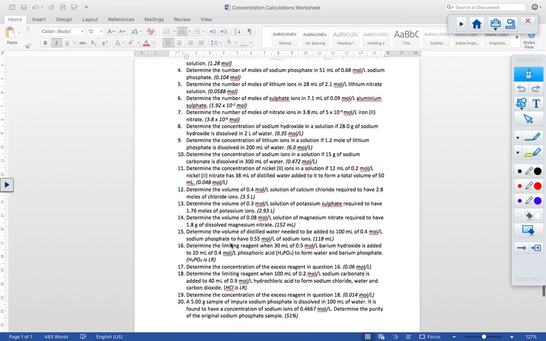So now we're going back to another concept that we've dealt with before, limiting reagents. But now instead of using masses like we've done before, we're going to be using concentrations.